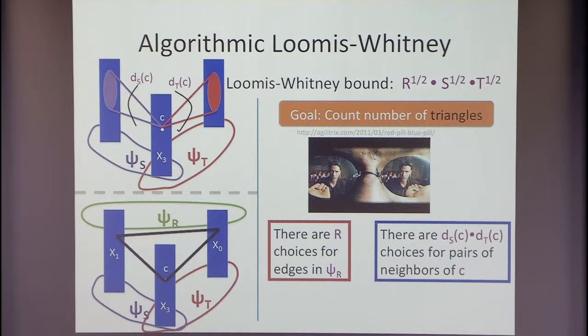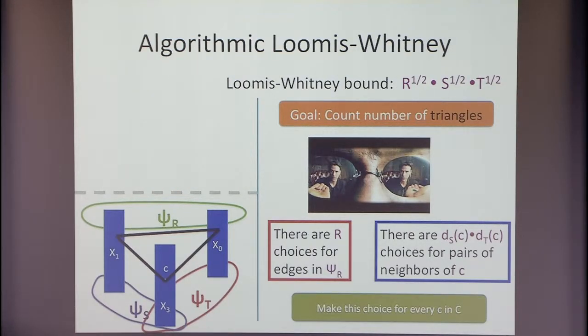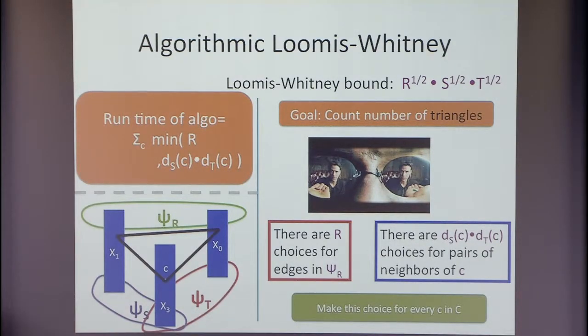And so obviously you can take the minimum of the two and get a valid upper bound of the number of triangles that involve C. Okay. So the point is you make this choice for every little c in C, and the runtime of the algorithm as well as an upper bound of the number of triangles is the sum over C of the min of these two quantities. Okay. Any questions so far?